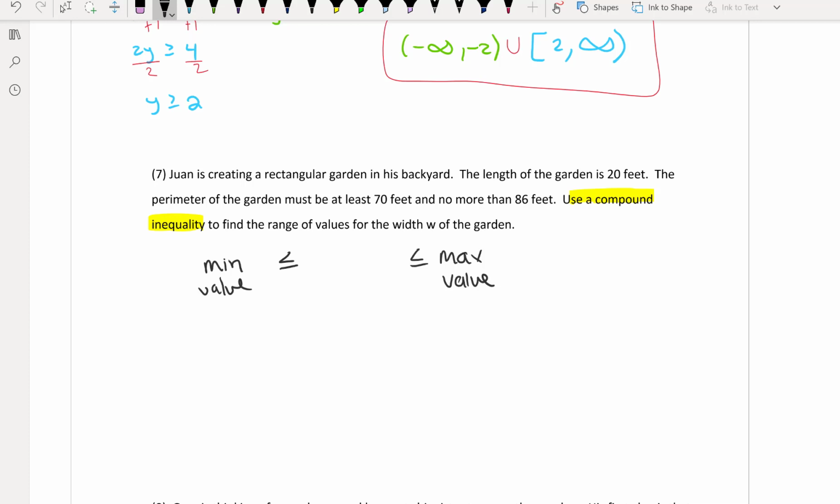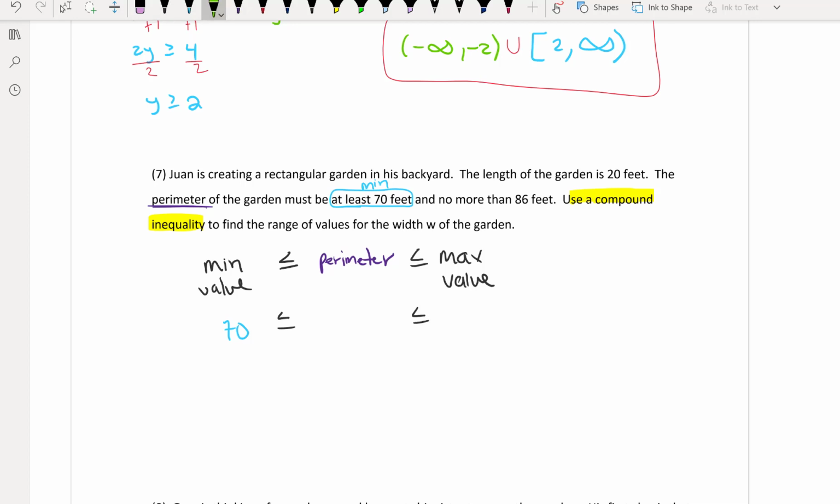And for this particular equation, it's specifically asking you to find the perimeter. So let's think about this. It specifically says that the minimum value here must be at least 70 feet. So that's going to be your minimum value. So I'm going to have 70 as my minimum.